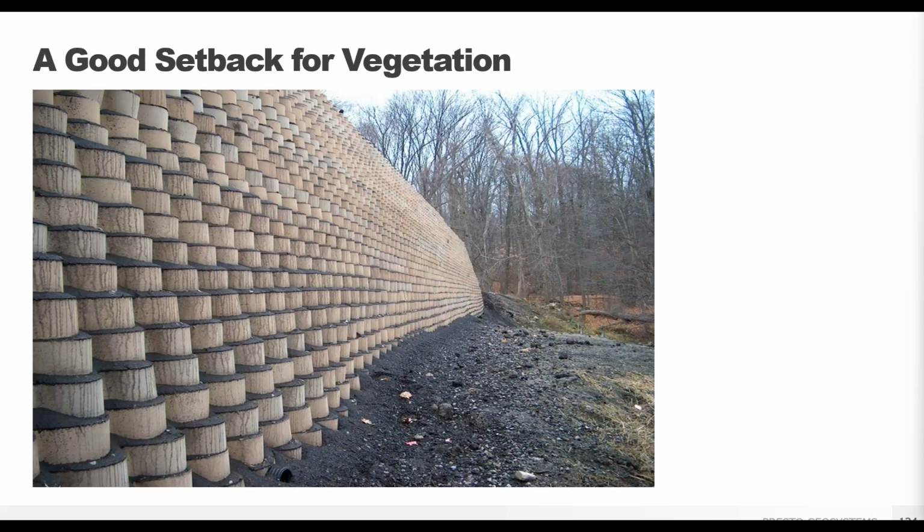And a proper wall batter with slight setback is not only nice looking, it can help ensure good vegetation for your wall. We typically recommend a setback of about 5 centimeters or 2 inches.